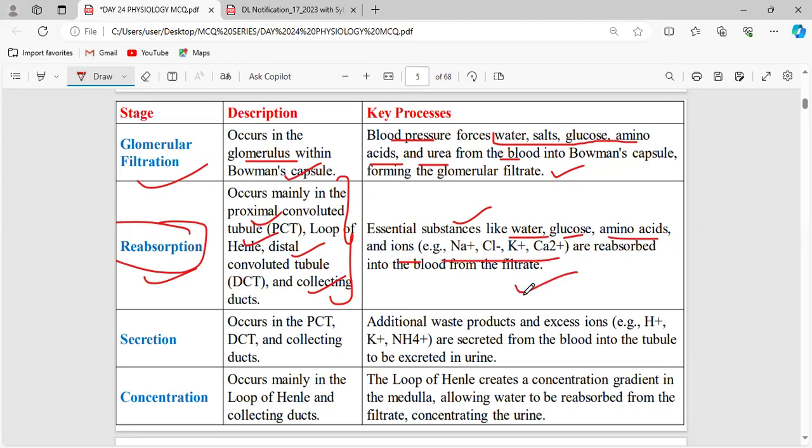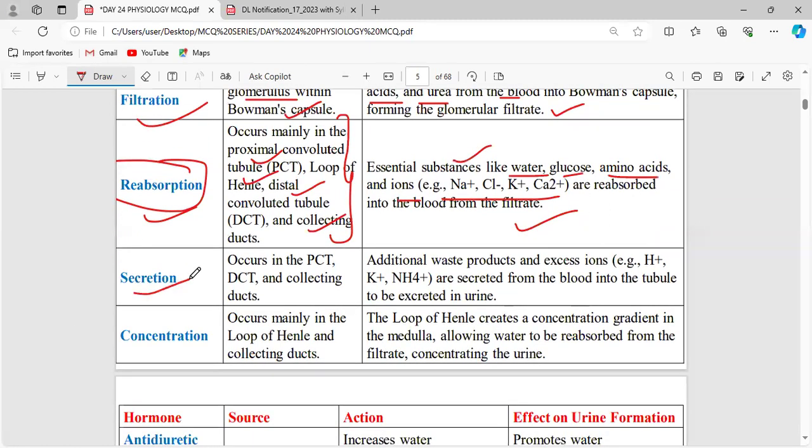Now, secretion. In reabsorption, the PCT, DCT, loop of Henle, and collecting duct are all involved. In the case of secretion, the proximal convoluted tubule, distal convoluted tubule, and collecting duct, these three structures are involved.